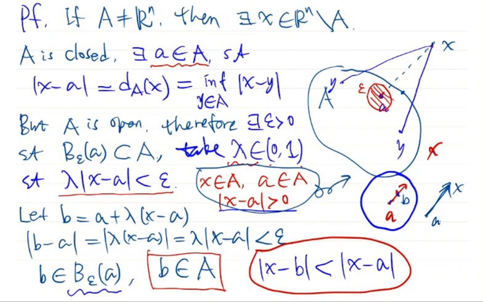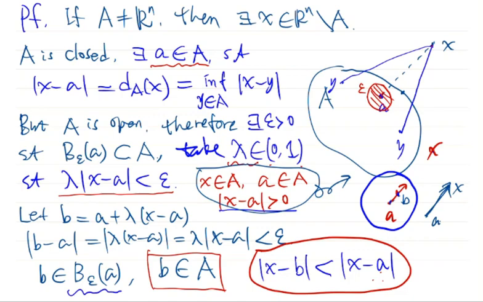Because by our choice of a, this distance from x to a, the norm of x minus a, is the infimum of the distance from x to any point in A. But our b is in the set A. So this is a contradiction. So we try to prove this final inequality: the norm of x minus b is less than the norm of x minus a. We'll prove this in the next page.